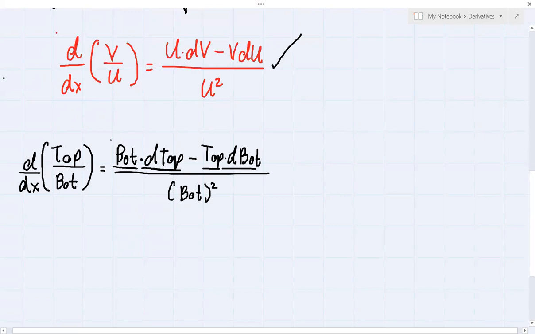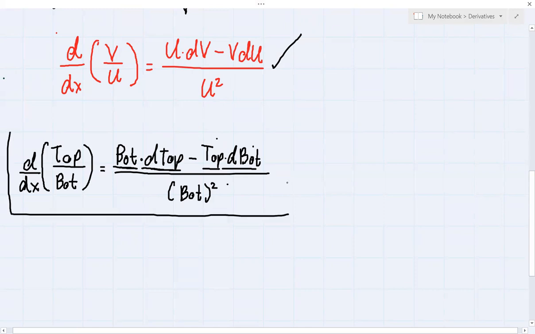That means the denominator times the derivative of the numerator minus the numerator times the derivative of the denominator all over the square of the denominator.